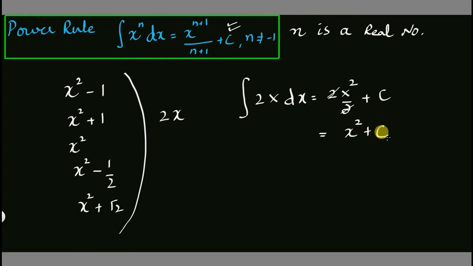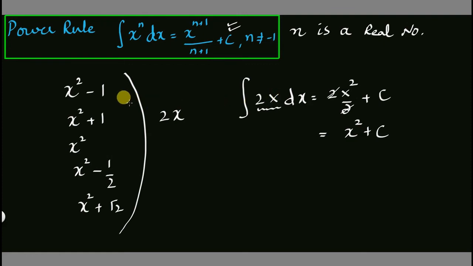Why have we written c over here? Because we don't know, when this function x square plus some number was differentiated, which constant was present over there, because we have been given 2x only.